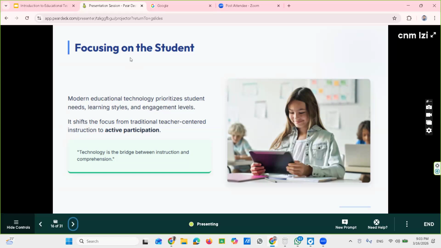I am always asking you to give answers. Because of these technological tools, it is easy to participate actively in the lesson, not like a traditional classroom. The second point is focusing on the students.